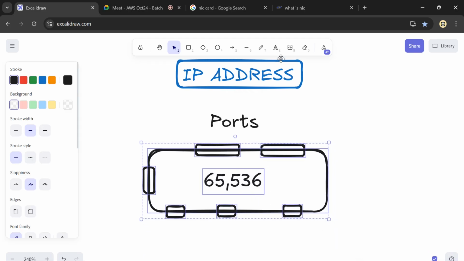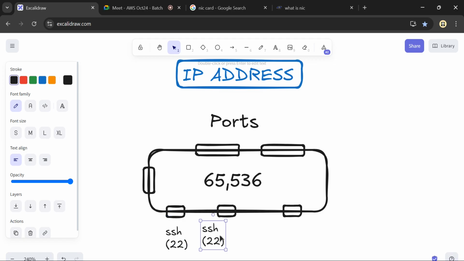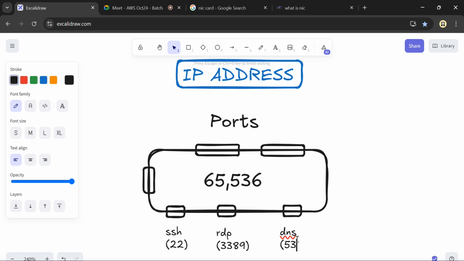Now the important ports I have already explained previously: we have the SSH port that works on port number 22. Then we have the RDP port, which is used for connecting Windows machines, that is 3389. Then we have the DNS port, which works on port number 53.